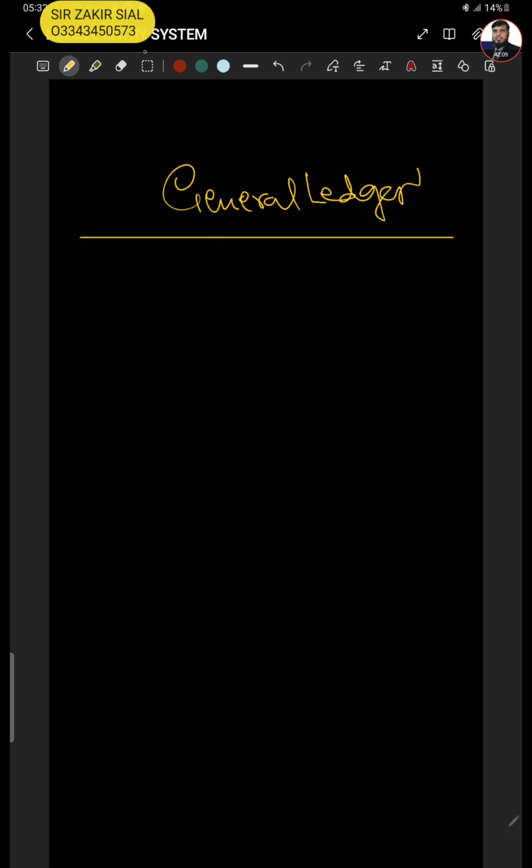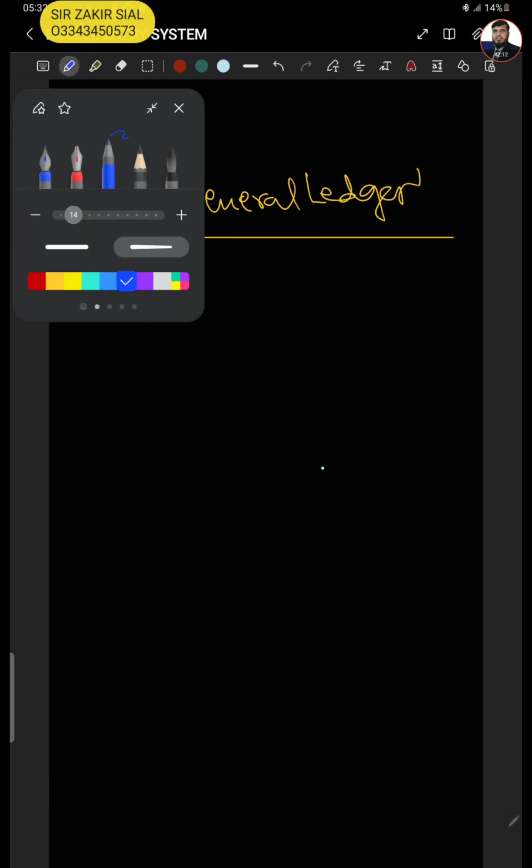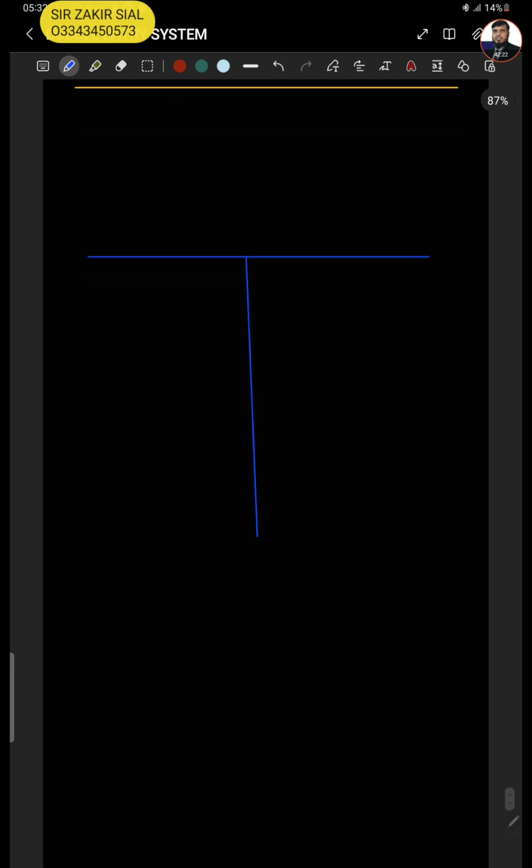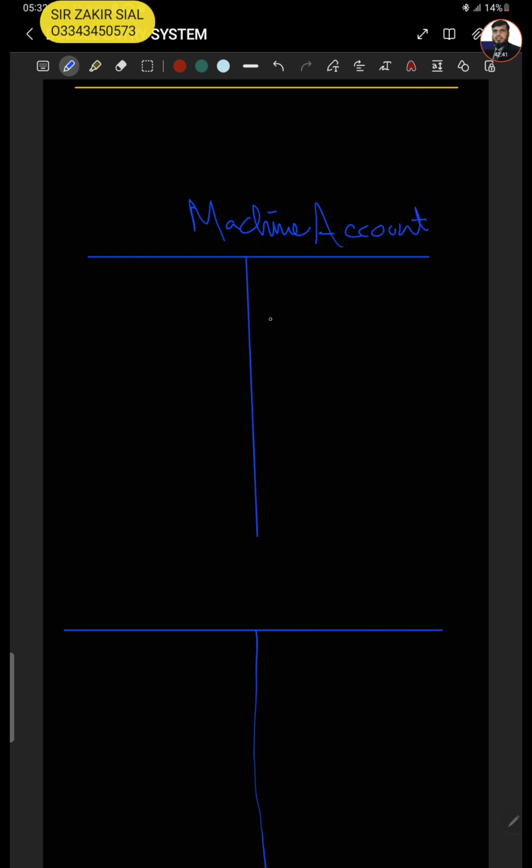Here two T accounts will be prepared. Machine account, this is called a T account. This also consists of two sides, debit and credit. Machine account and cash account.